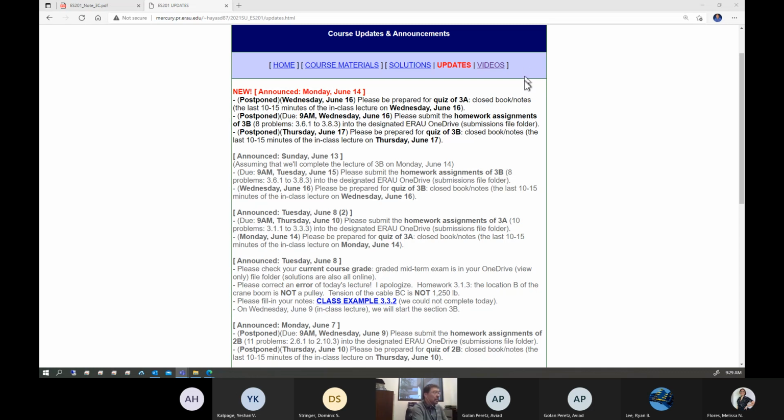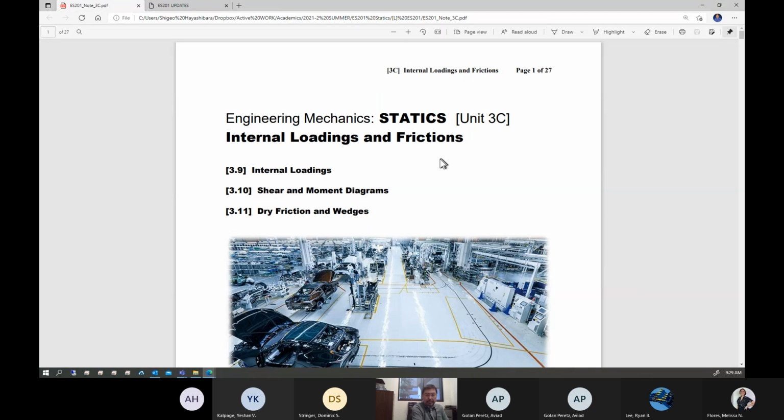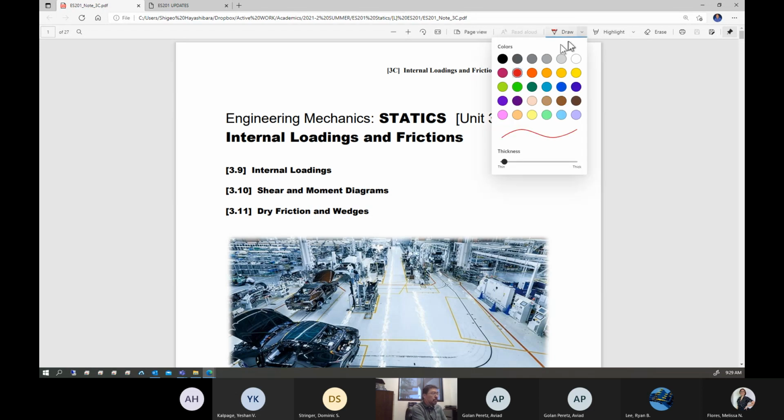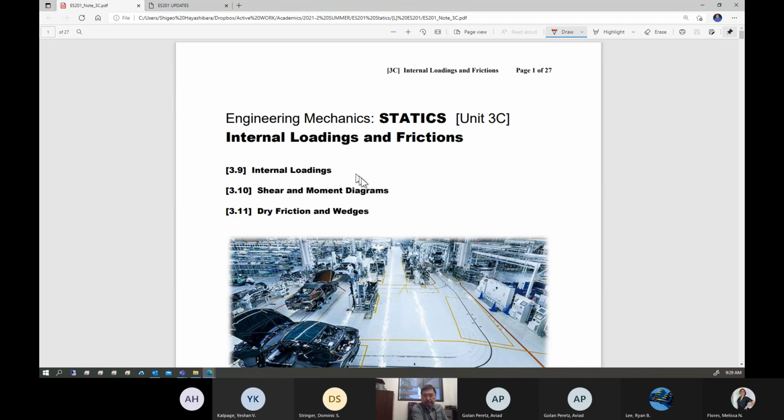Okay. All right, good. So today we are going to get into Unit 3C, internal loadings and frictions. Internal loading we already sort of introduced when we did truss analysis by the method of sections. Do you remember?